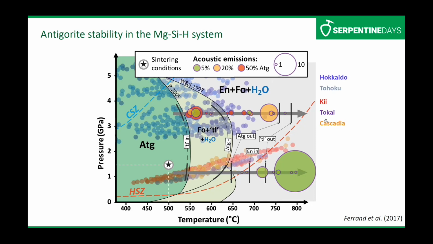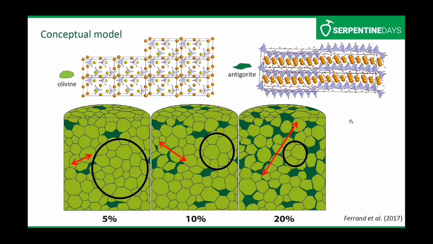Next slide, please. This is just a comparison with the natural seismicity that I was showing before. And one important thing to keep in mind is that we have the positive Clapeyron slope of the reaction at 1 GPa and the negative at 4 GPa. Next slide, please.